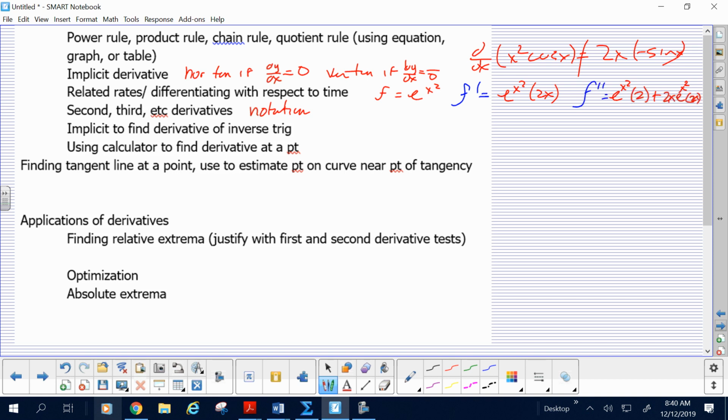Never evaluate until showing the derivative first. For example, if I said f is x squared, what is f prime of 4?